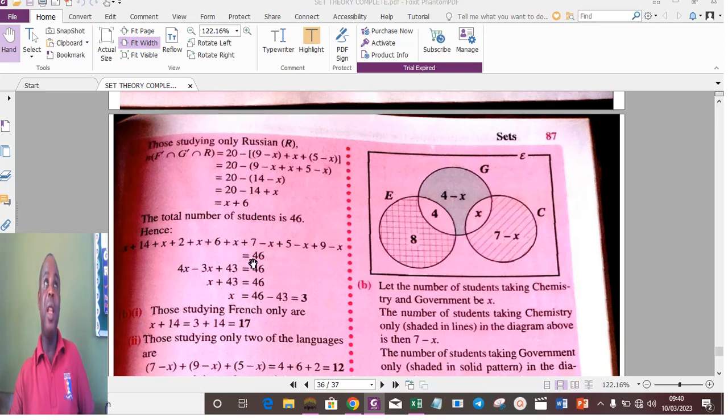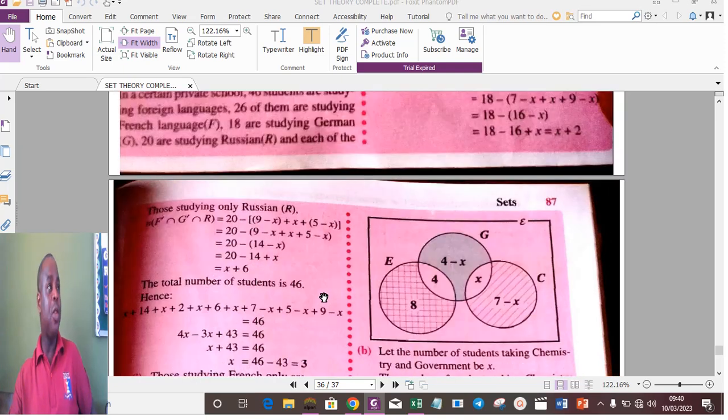When you add them together and equate it to 46, you get the value of s. The value of s will give you 3.